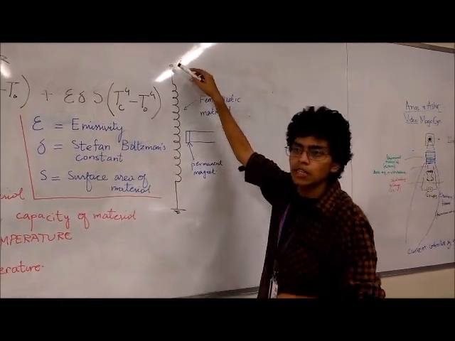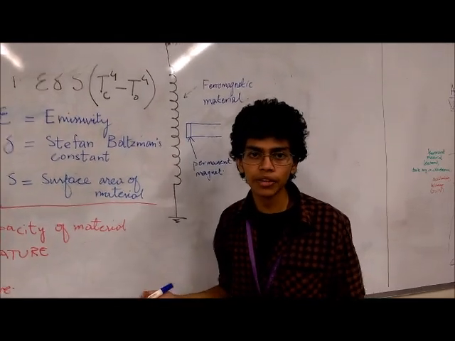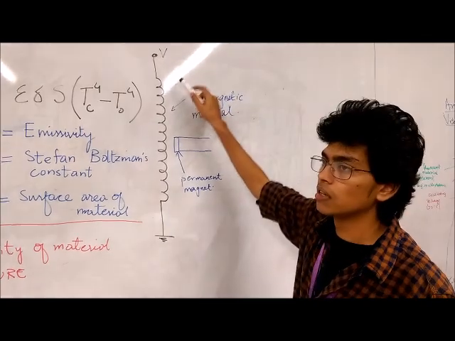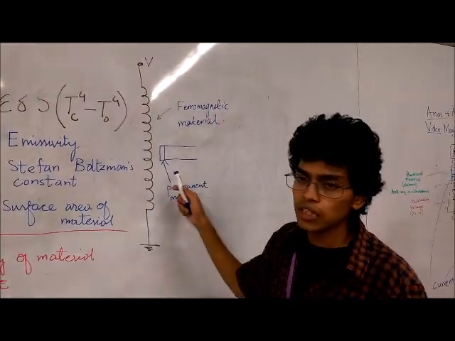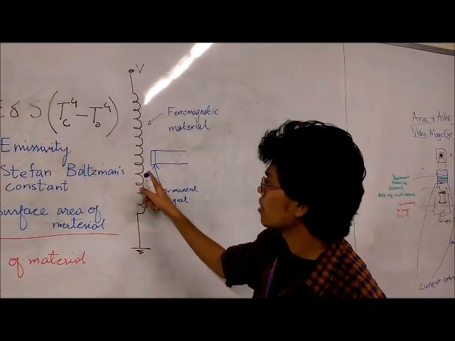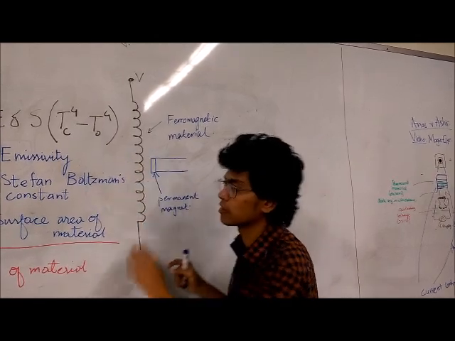Once we apply some voltage across it, essentially giving it energy, its energy increases and its temperature increases. At a certain temperature called the Curie temperature, this wire will demagnetize and it will detach from this magnet.